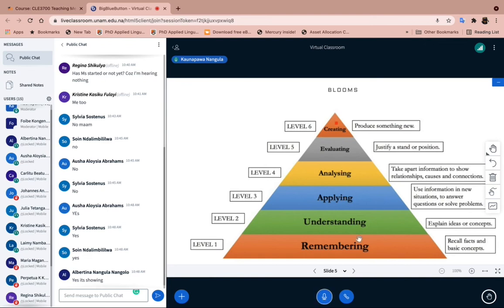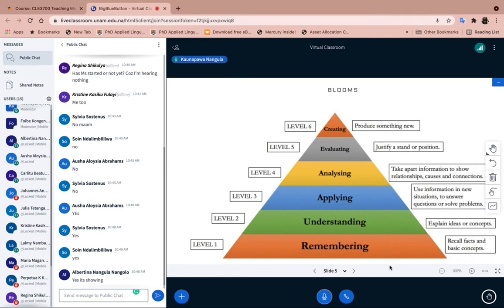And remember that this is the newer version of the Bloom Taxonomy. This is the revised version. Because before we had categories such as knowledge, comprehension, application, analysis, synthesis, and evaluation.